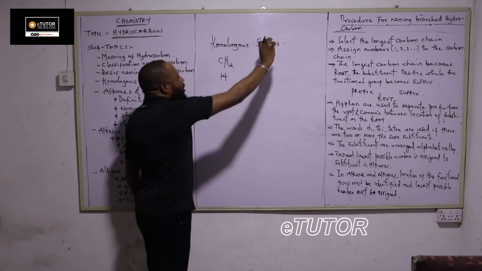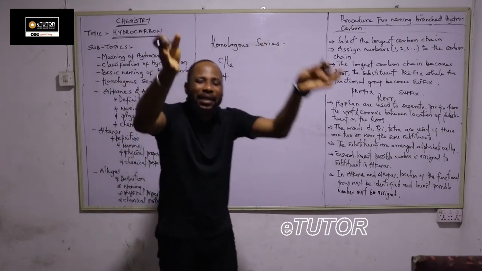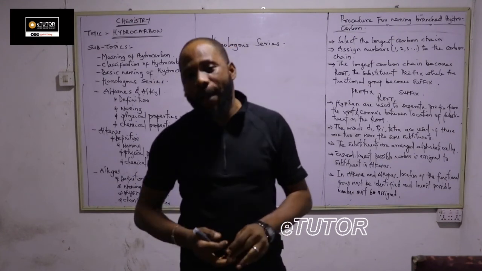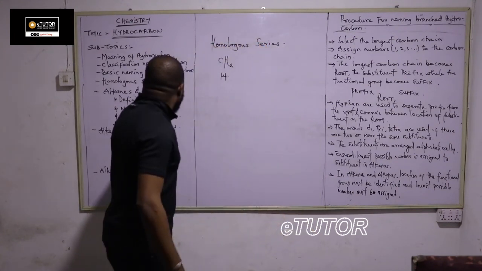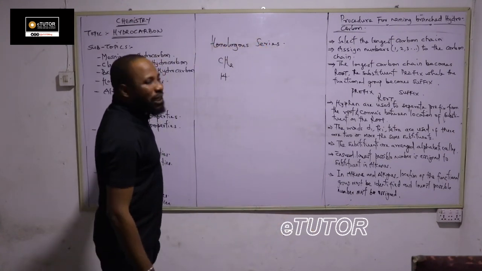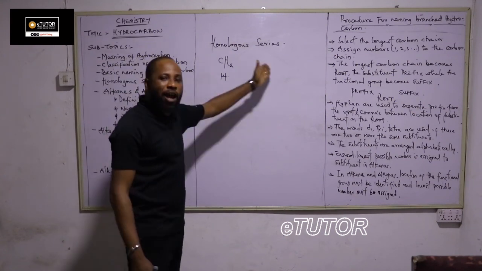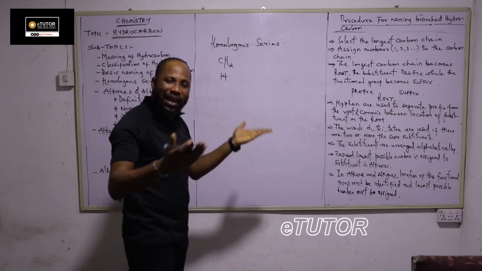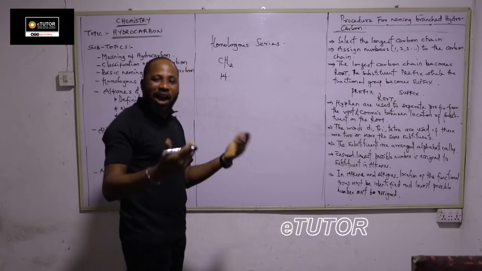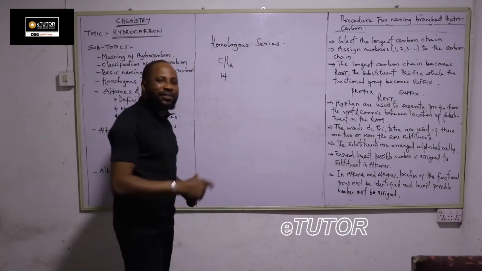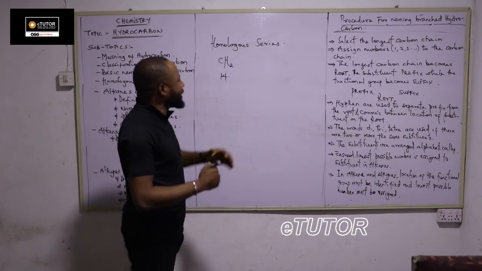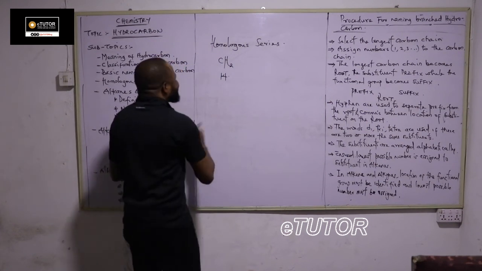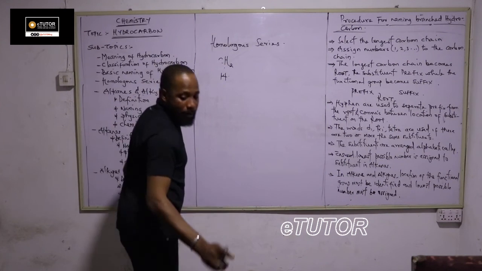The word homologous series simply means the family of the hydrocarbons. The other time I said the hydrocarbons are classified into aliphatic, aromatic, and under aliphatic we have examples like alkane, alkene, and alkyne. So let's take one of the examples. Let's use it to explain the homologous series. Let's take alkane for instance.